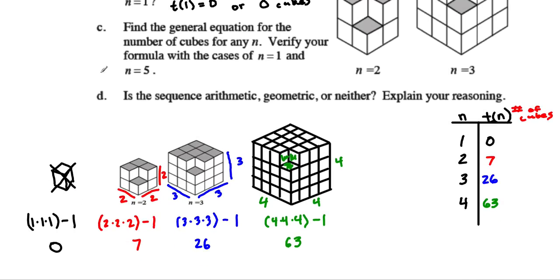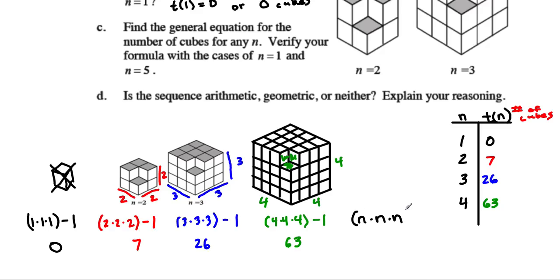So part C says, find the general equation for the number of cubes for any n. Verify your formula with the cases of n equals 1 and n equals 5. Well, let's think about that here. If we just took out our numerical values and plugged in n's here, for any one of these, we would be doing n times n times n.